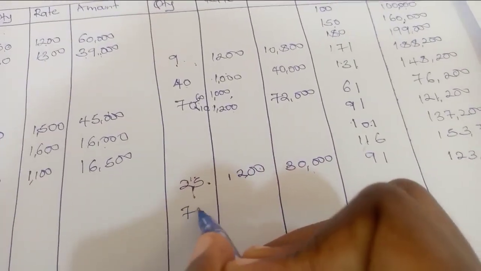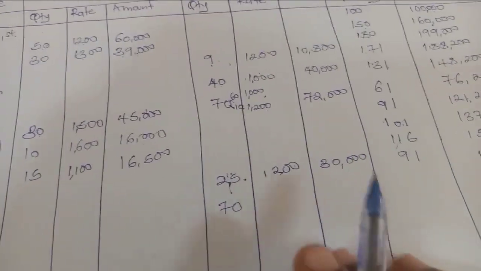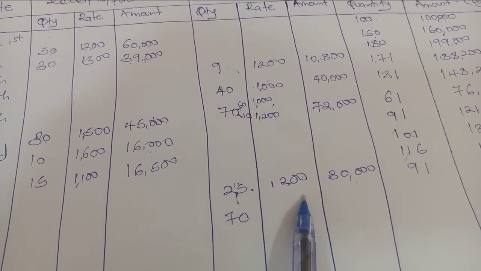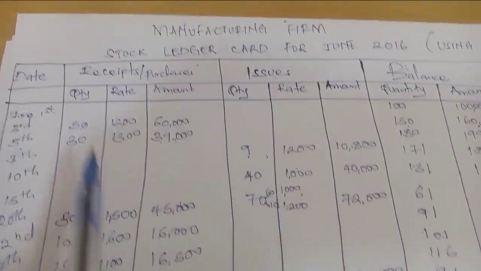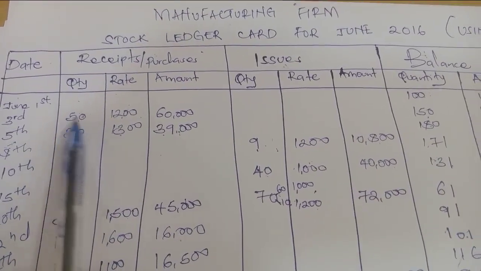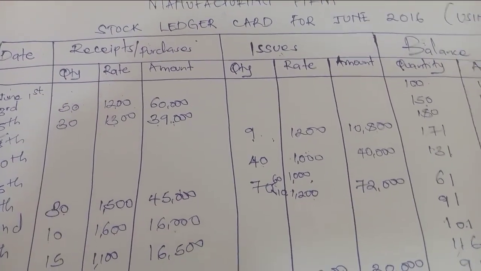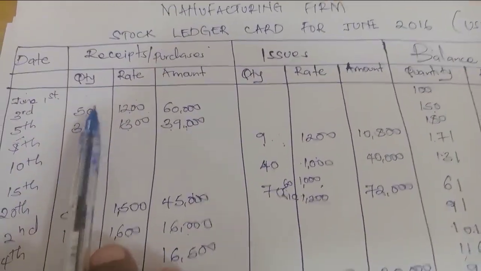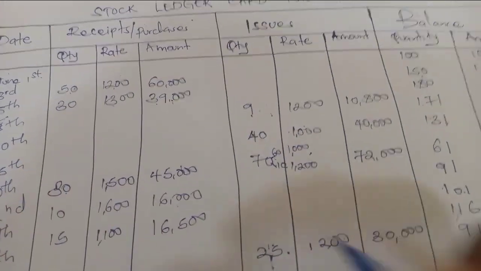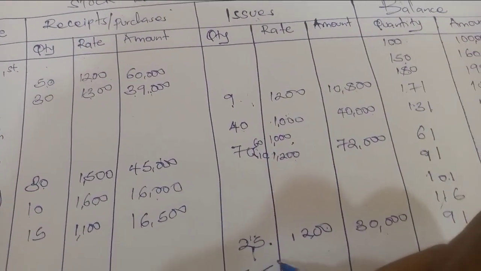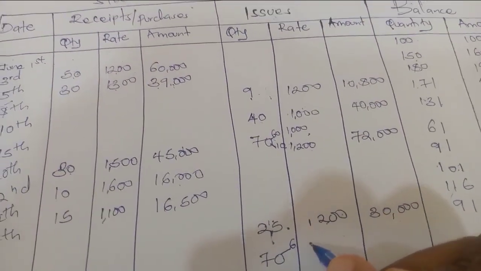So what rate are we going to use here? Remember, from this we had 31, then 31 minus 25, we remain with 6 units. 6 units from here are going to first be issued. So we are going to have 6 units at 1,200.